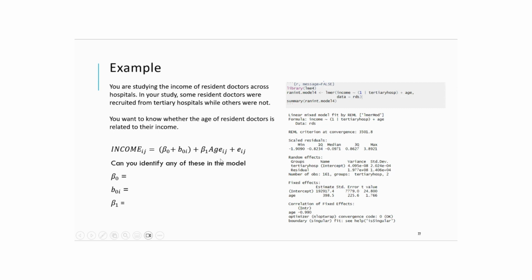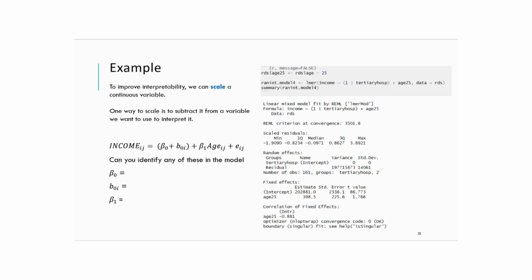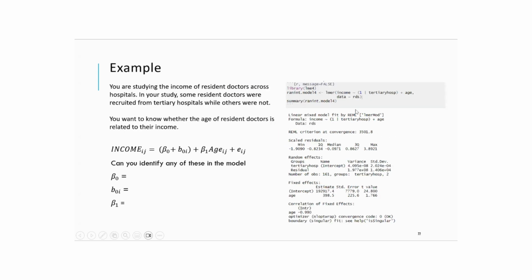Okay, so let us look at how age affects this model. So let us look for our intercept, our fixed effects. Oh, I cannot see it. There's no circle. Okay, let's do it by ourselves then. So when you put in the age as a continuous variable, what you have is that doctors on average earn 192,000 or 193,000.